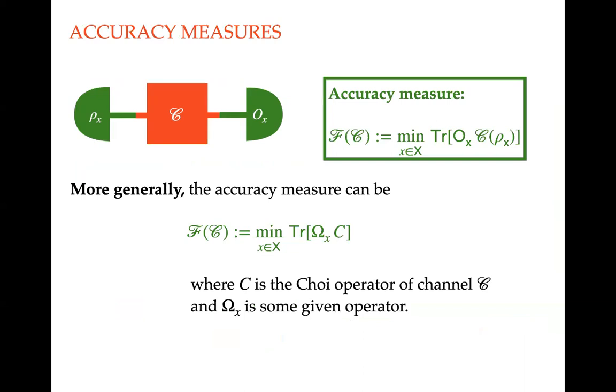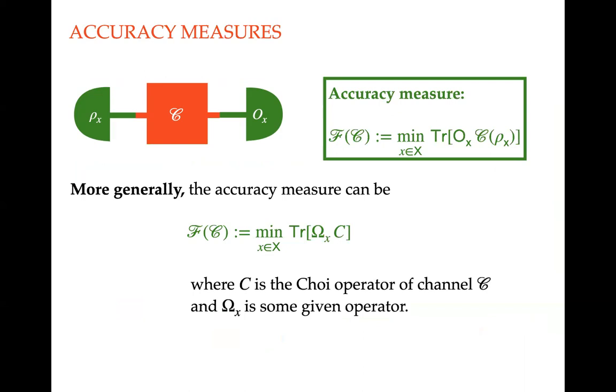So after you have chosen your figure of merit, you have chosen your set of observables, the accuracy would be the worst case score that you get, minimized over all possible inputs where you may want to implement this information processing task.